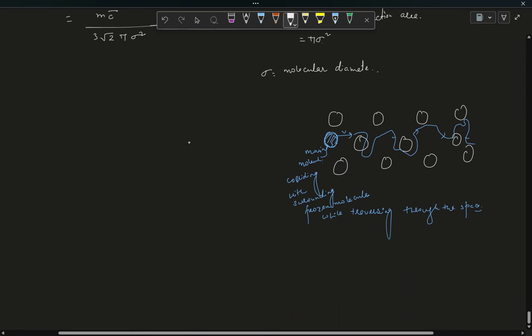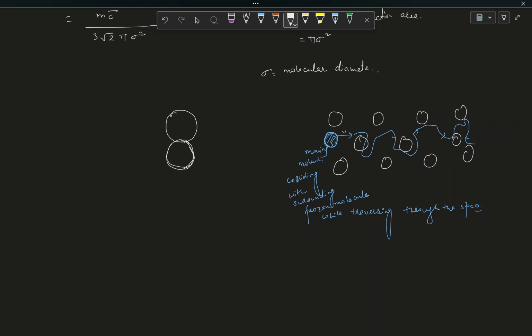What is happening here is that a molecule like this, so this should be a proper circle, so just understand what I am drawing, and then you have another molecule which is just in contact with this. These two molecules are of the same shape and size, because gas molecules are all identical. Let's say this is the frozen molecule and this is a moving molecule, and each molecule has a radius of sigma by 2.